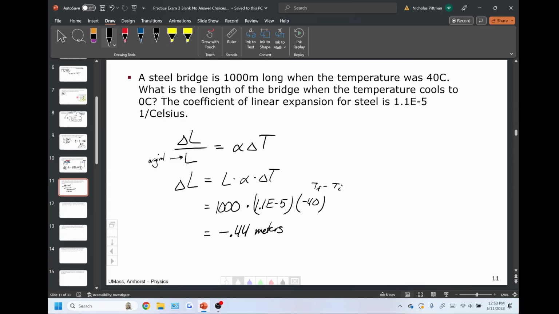So the original length was 1,000 meters, so the final length is 1,000 minus 0.44, which gives us 999.56 meters. So the bridge shrunk by about a foot.